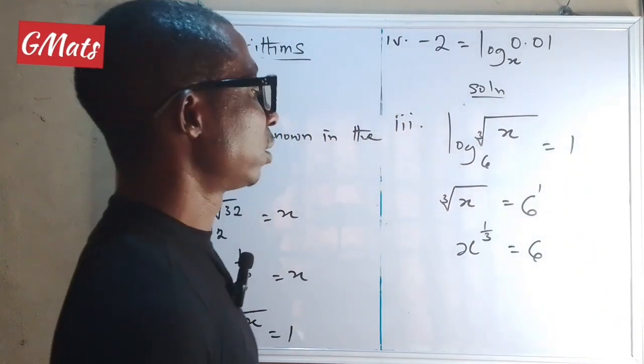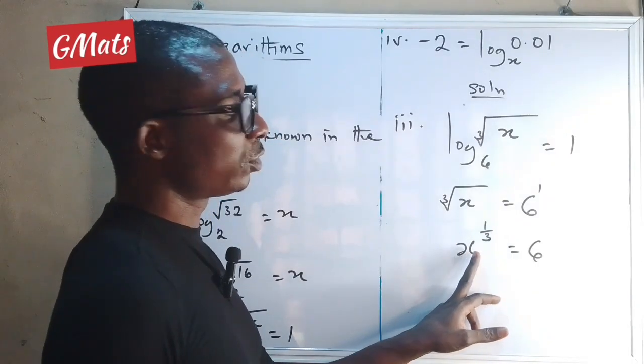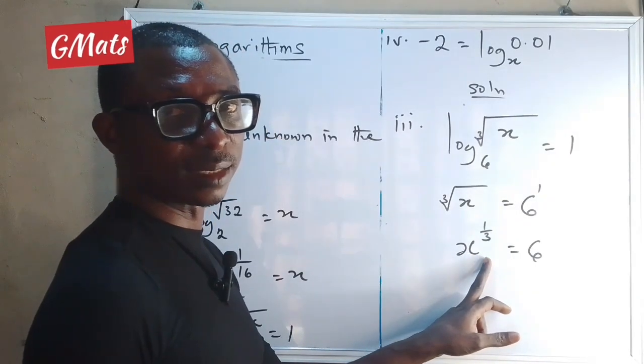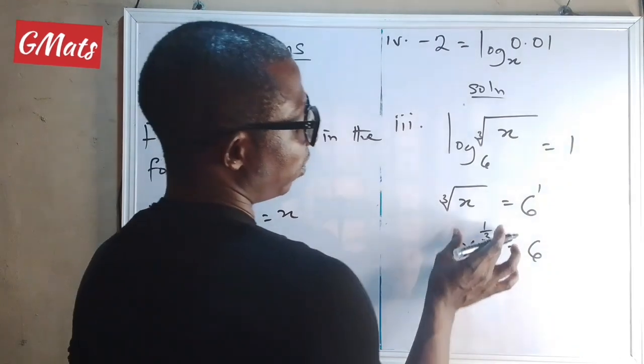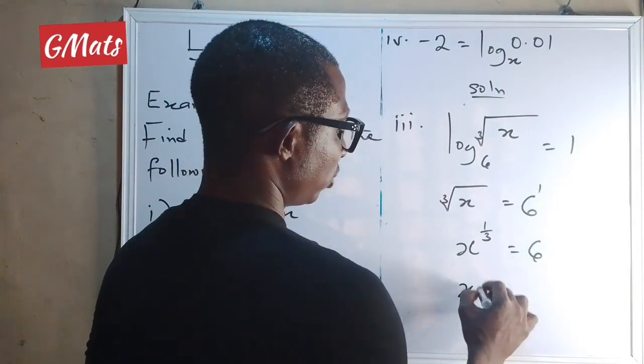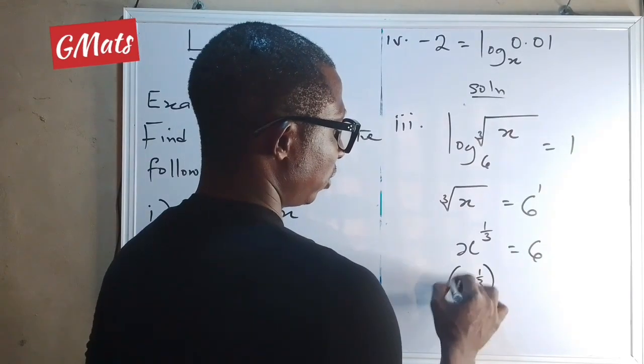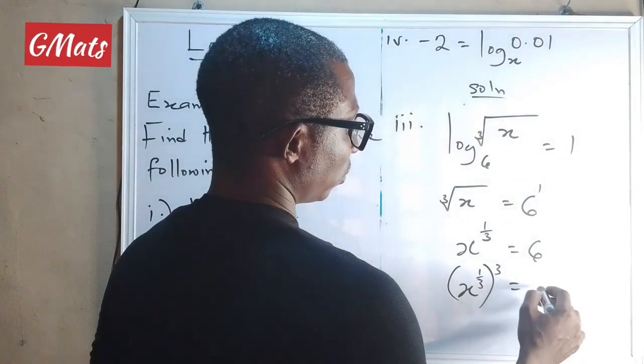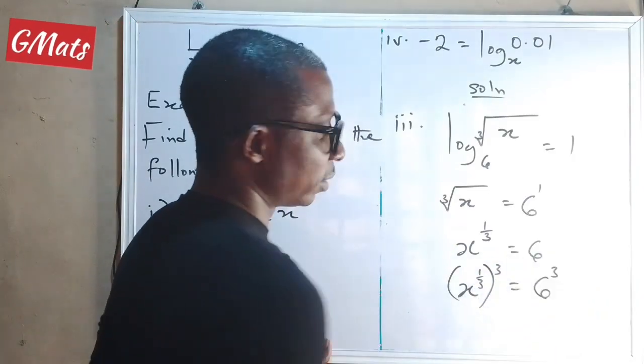Now, the next thing is to take the cube of both sides. So you multiply the power of this by 3 and this by 3. So you have x raised to the power of 1 over 3, raised to the power of 3, equals 6 raised to the power of 3.